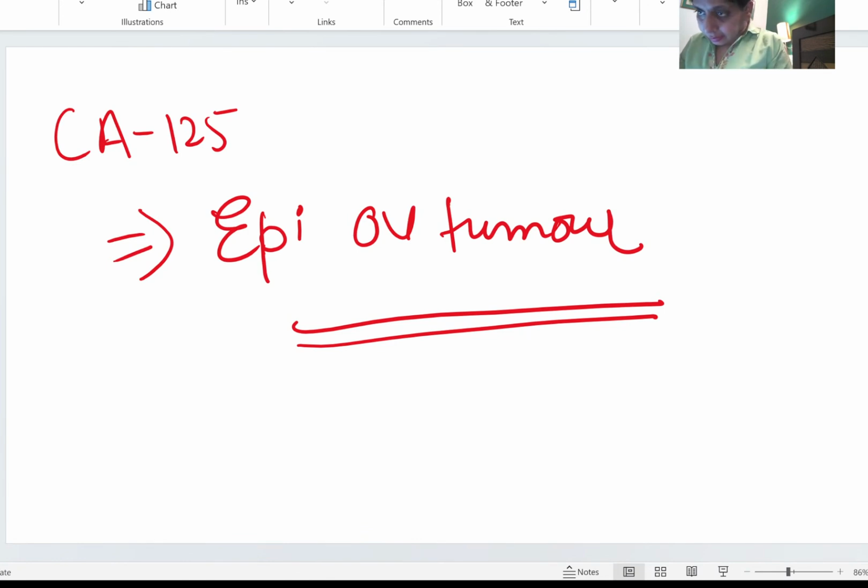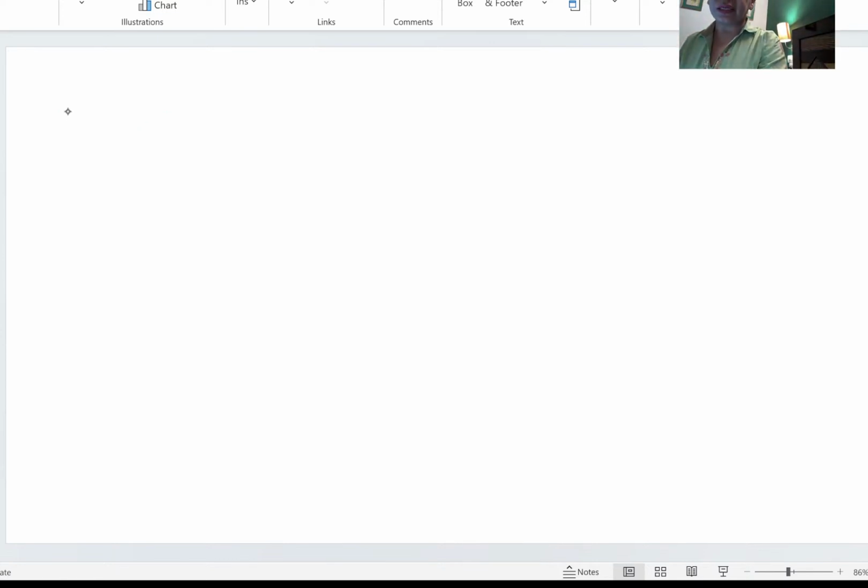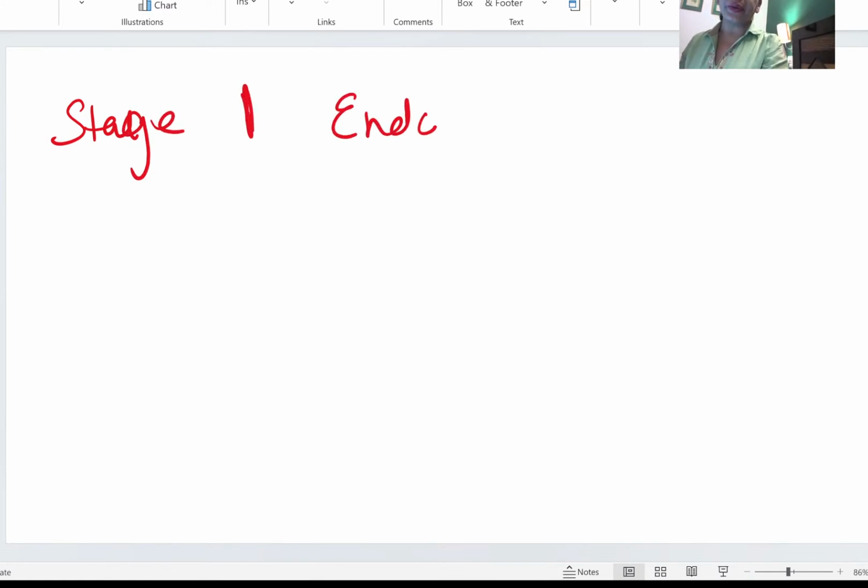Next, after 47, it is 39. 39 is vaginal metastasis. In endometrial cancer, stage 1 is endometrium plus myometrium.